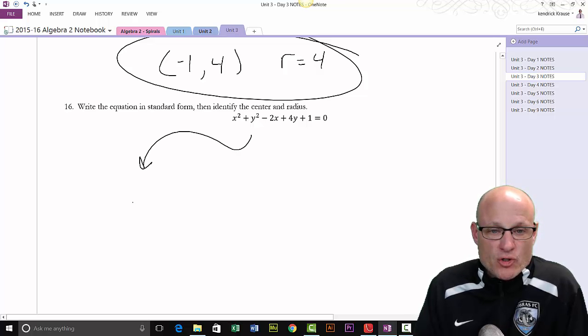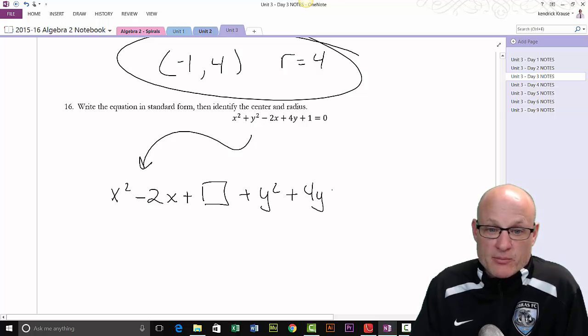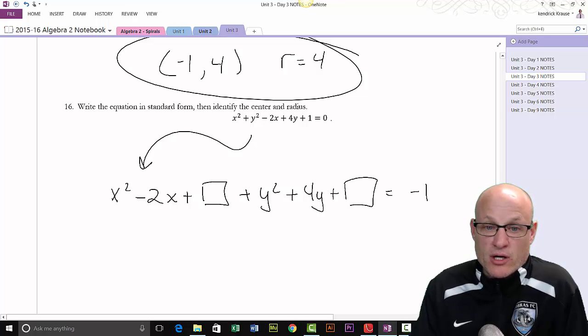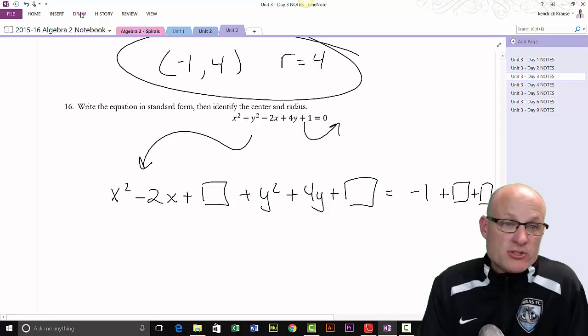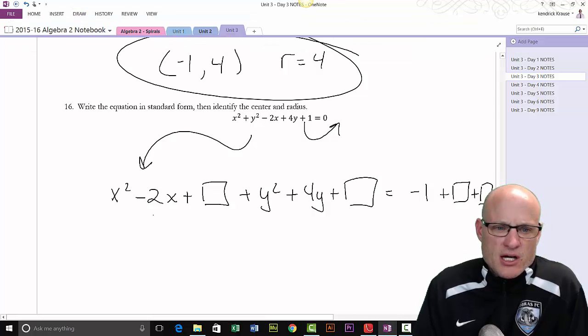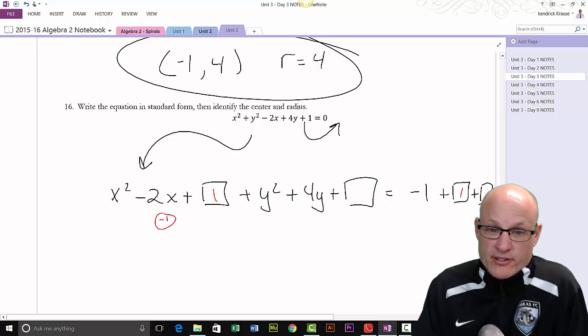Okay, so x squared minus 2x plus box plus y squared plus 4y plus box is equal to negative 1. Remember, this is coming over. Plus box, plus box. I ran out of room. Change colors. Half of this is negative 1. Squared is 1. We'll put a 1 on both sides.